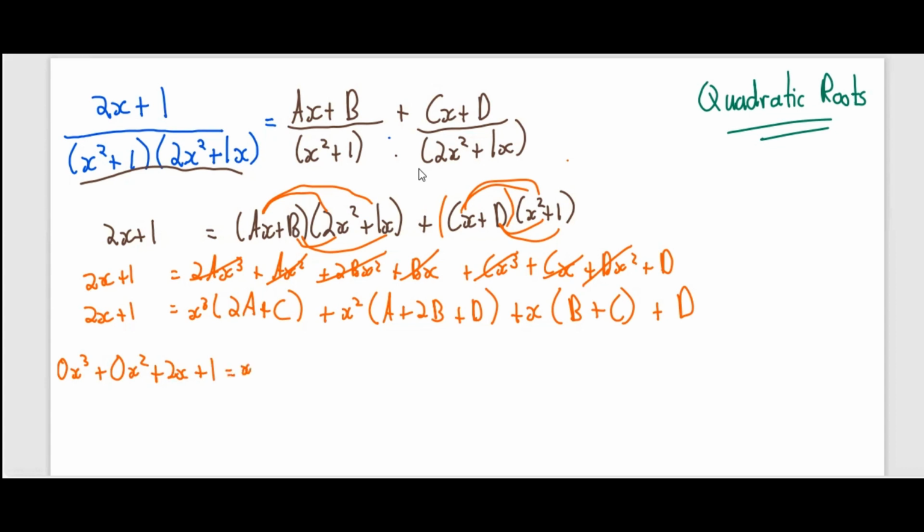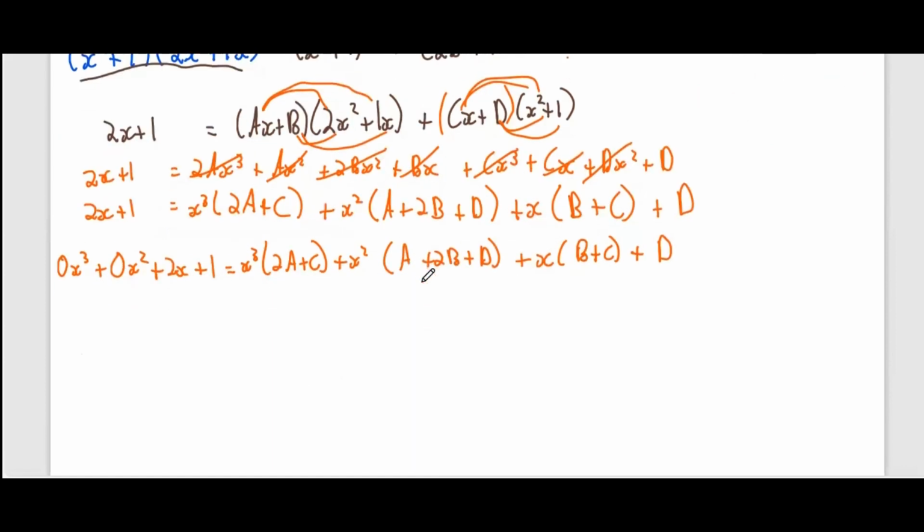And I would just equal it to x cubed times (a plus c), plus x squared times (a plus 2b plus d), plus x times (b plus c), plus d. Yeah, so now we can finally equate coefficients, right?